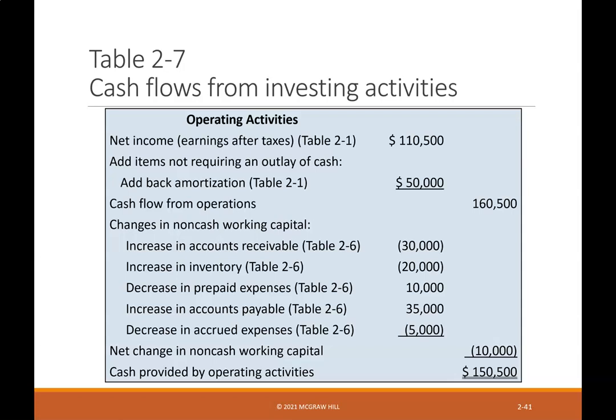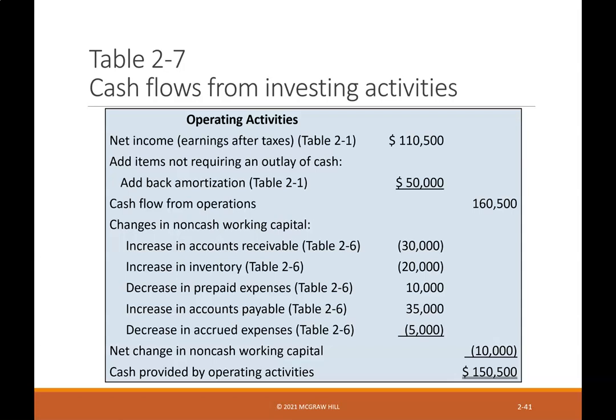Table 2-7, cash flows from operating activities. So you take your operating activities, which is your net income of 110,500, add items not requiring an outlay of cash, so you add back your amortization of 50,000, which totals cash flow from operations, which is 160,500.